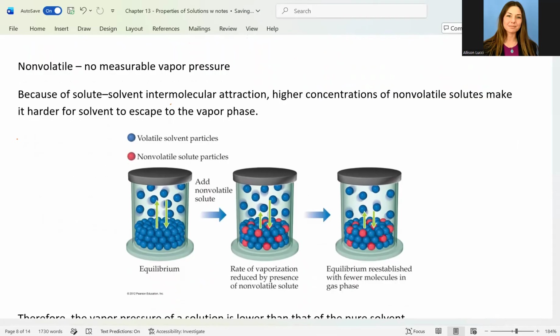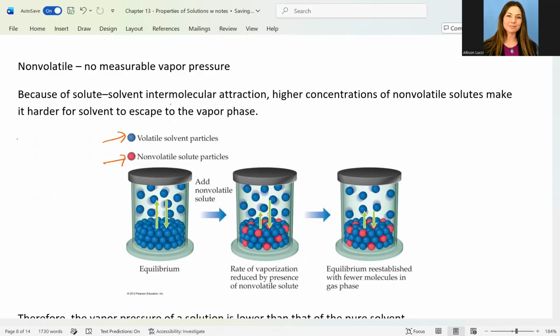So it's a solid or liquid that does not become a gas very readily, versus something that's volatile does become a gas fairly readily. So we have volatile solvents and then we have non-volatile solvents. And this has to do with the interaction between molecules.